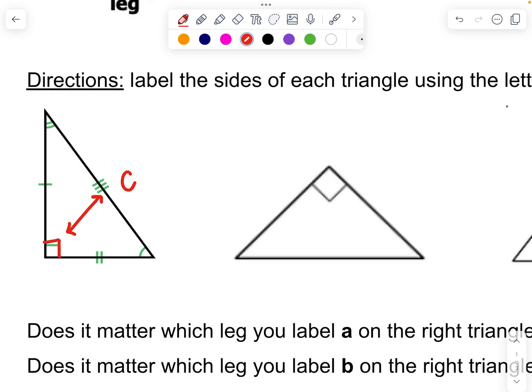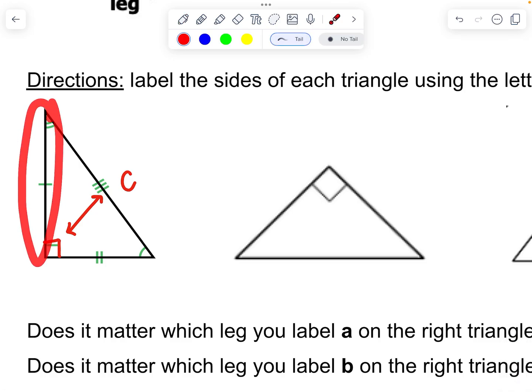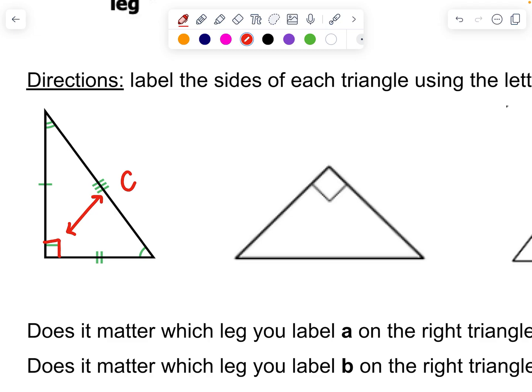That means that the other two sides, right here and right here, those are the legs. And for that, I can call those A and B in any order. It doesn't matter. So I could have also called this B and this A. Just as long as A and B are legs, it doesn't matter which order.